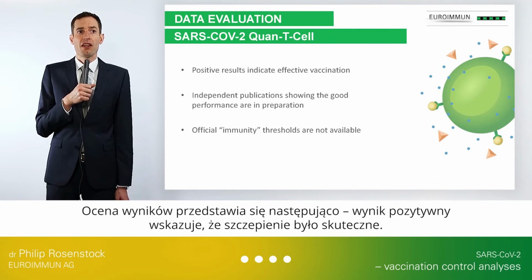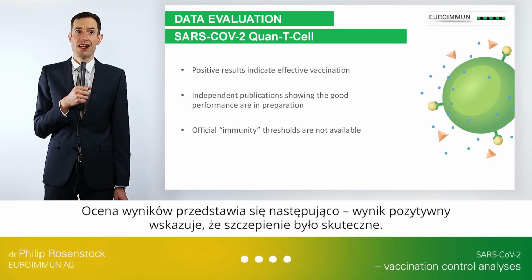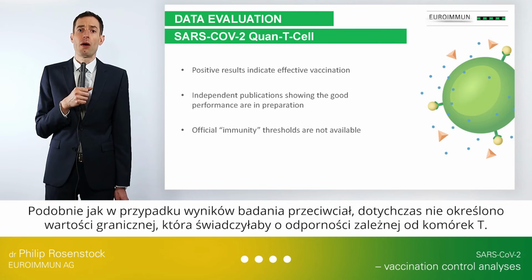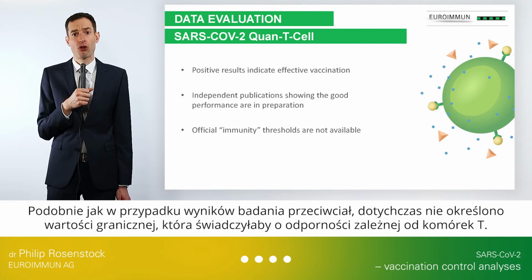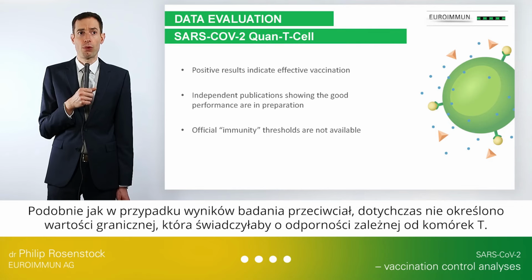So the data evaluation is as follows. A positive result indicates an effective vaccination. As indicated before, there is no immunity threshold here either. I indicated that for the antibodies, and this is also the case for the T-cell response.